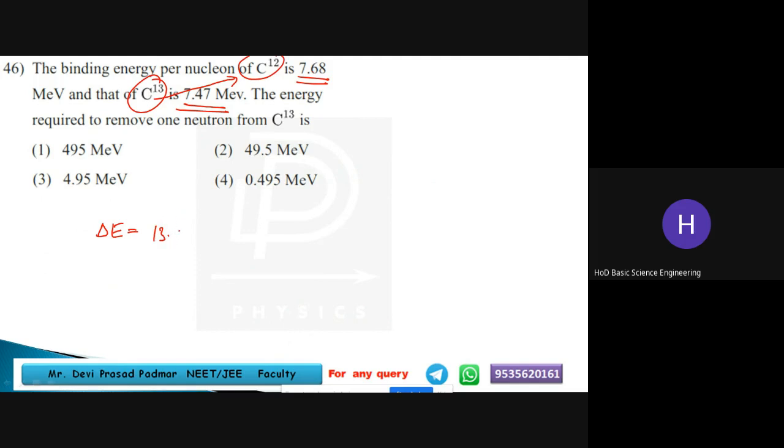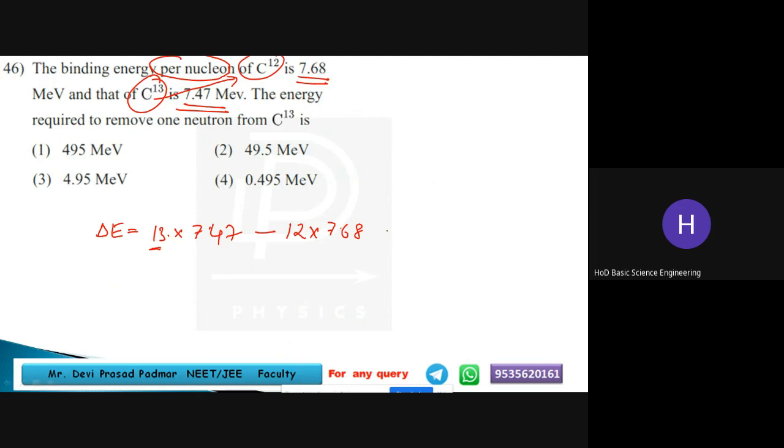So 13 into 7.47, because binding energy per nucleon is given, right? There are 13 nucleons in this. So 13 into binding energy per nucleon minus 12 nucleons are there, so 12 into 7.68. So what do you get?